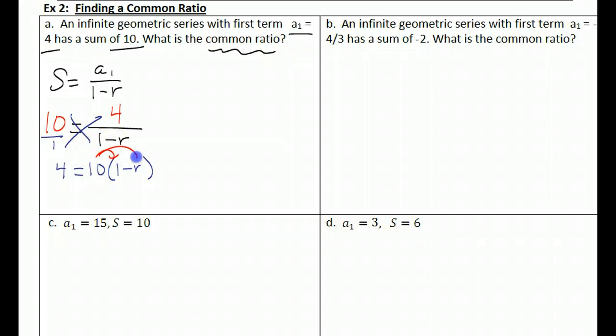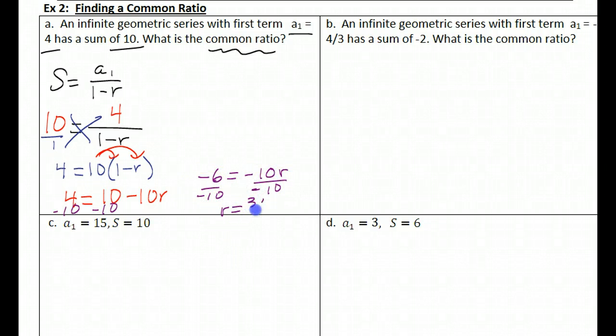It's only the setup that's difficult. So 4 is equal to 10 times 1, which is 10, and 10 times negative R is negative 10R. Just don't be sloppy with your solving. You want to make sure that you get the correct answer. Don't make a silly mistake. I end up with 3/5 for my R.